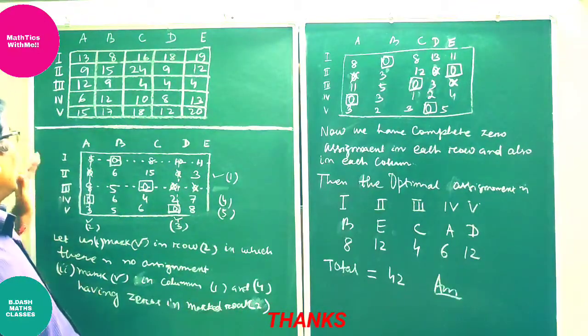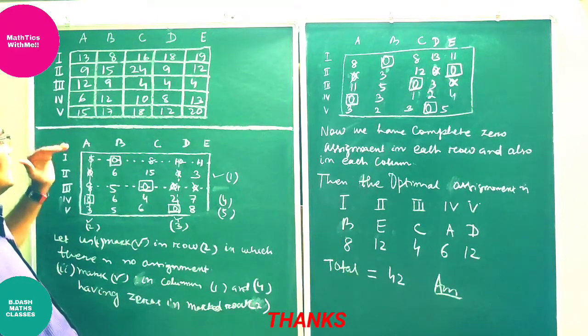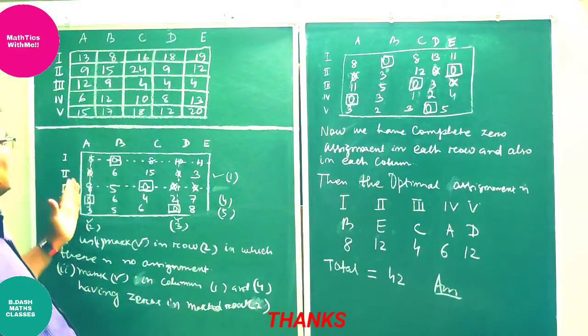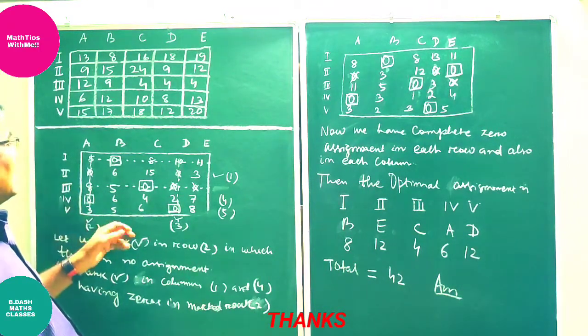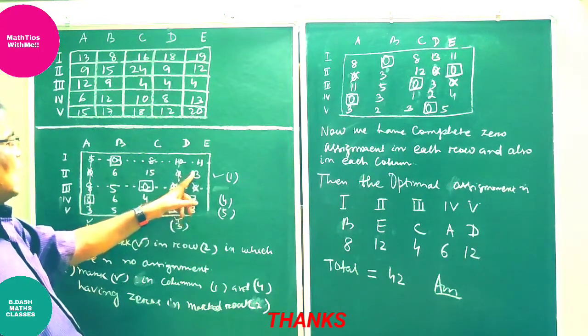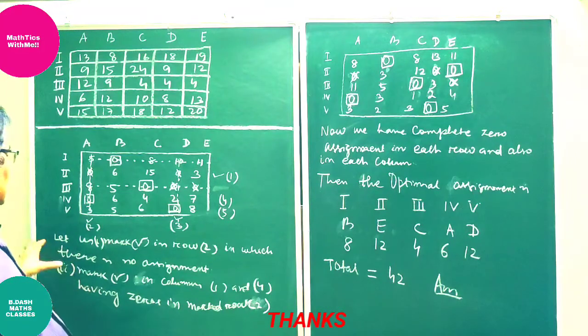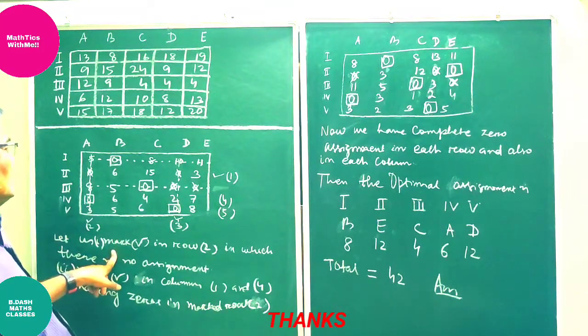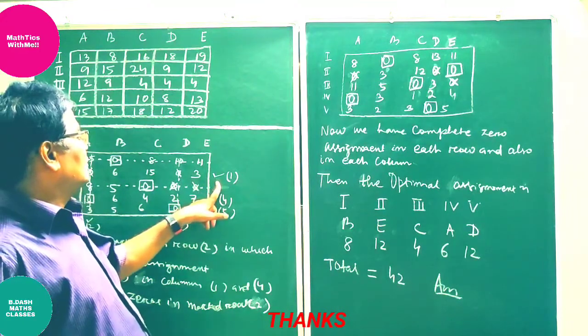Answer. After getting single row and single column assignment, we find that there was no assignment in row 2 and column 5. So we are choosing the row in which there is no assignment.